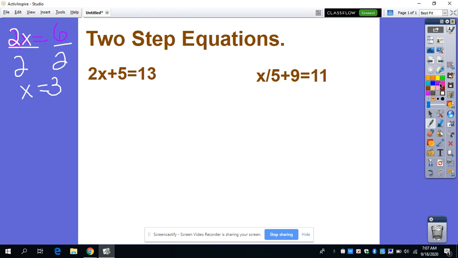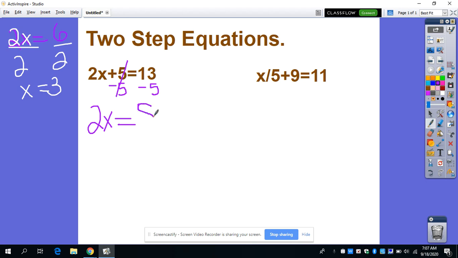So again, I'm going to take a minus 5 because it's the opposite of plus 5, and you're doing it on these two sides. I did not touch my x. That's good advice too. Okay, so 2x is equal to 13 minus 5, which is going to give you... ooh, no, I'm so dumb. Sorry.